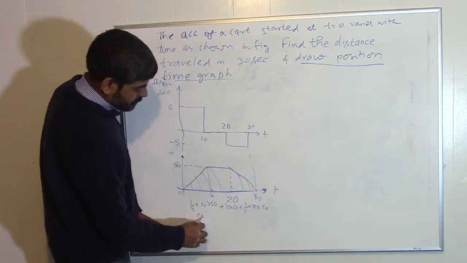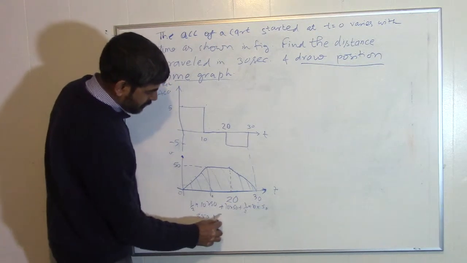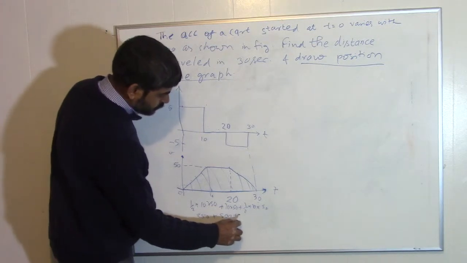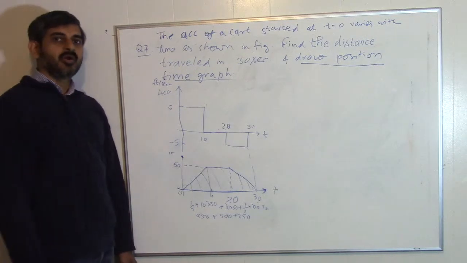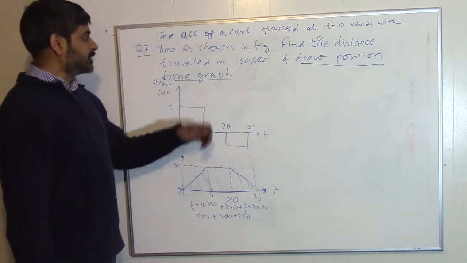This is 250, this is 500, and this is 250. The total answer is 1000 feet. The graph method gives some more insight.